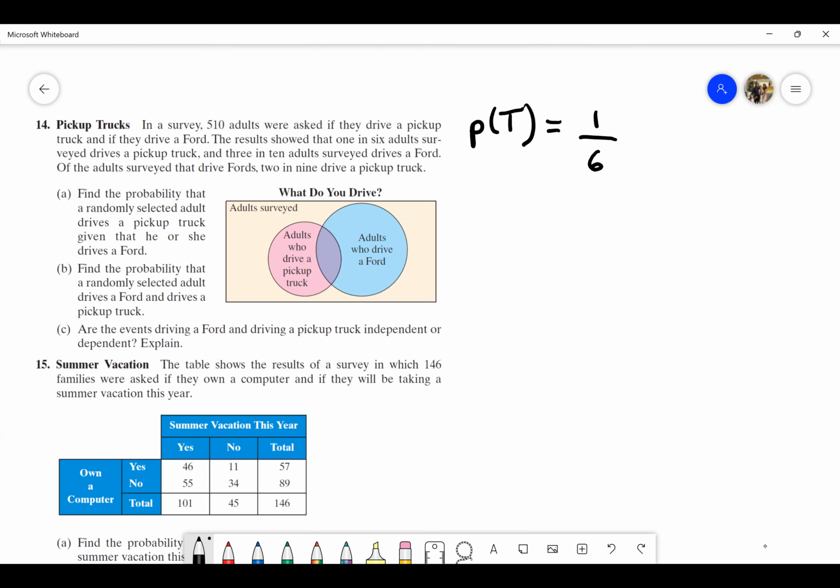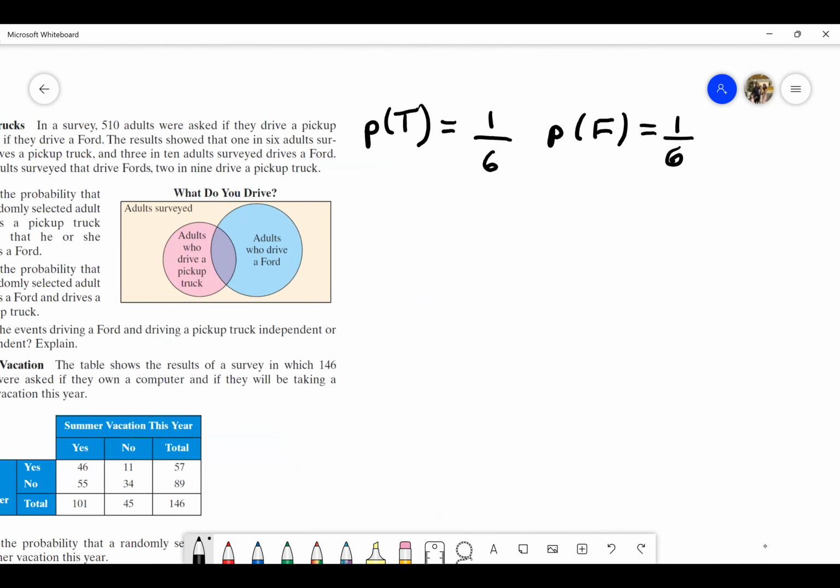Now, then it says, and 3 in 10 adults surveyed drive a Ford. So the probability they drive a Ford is 3/10.